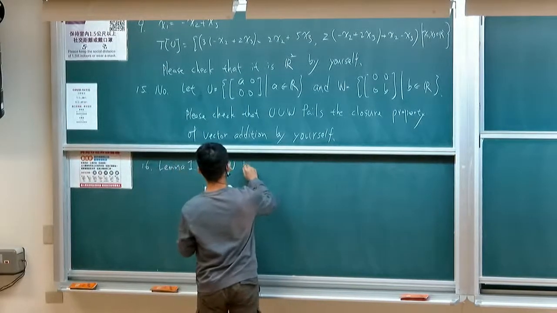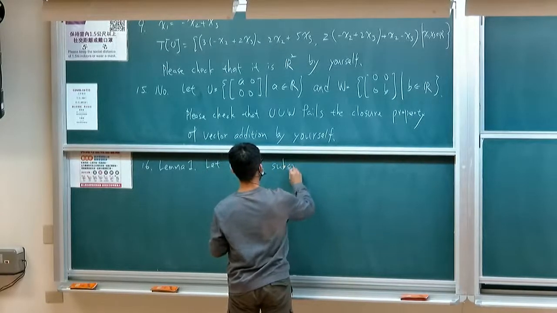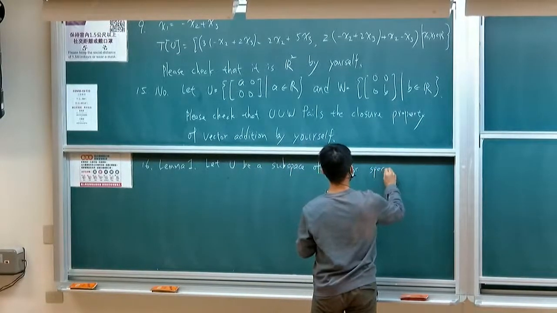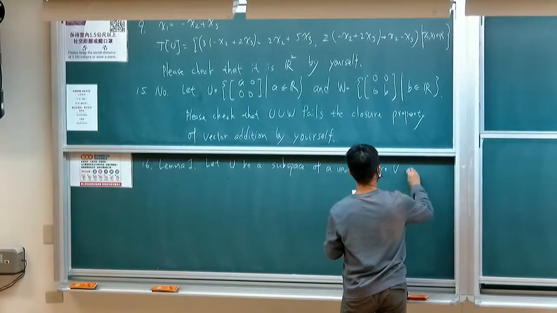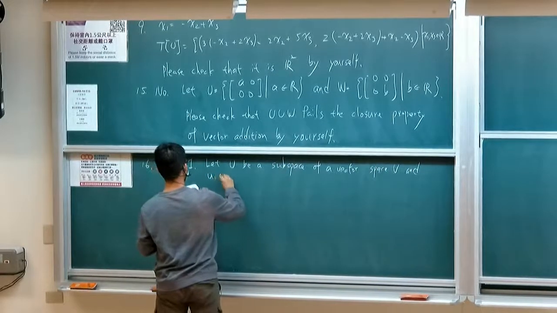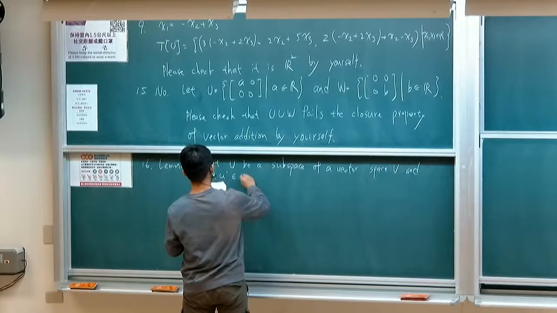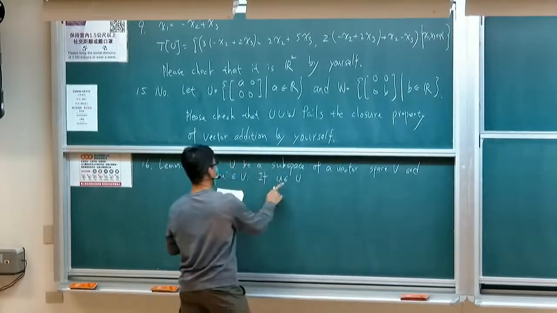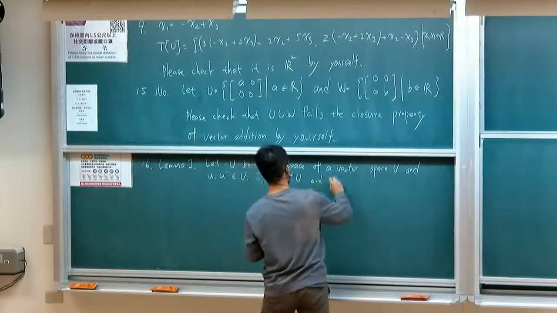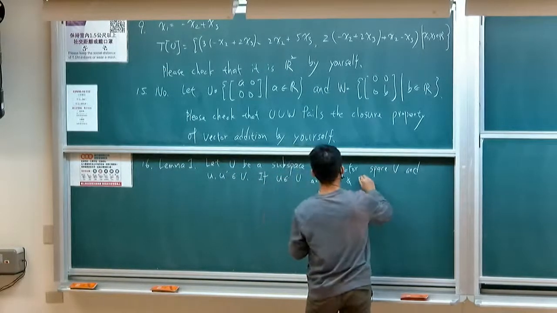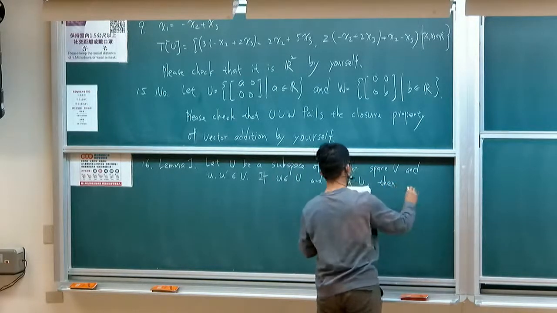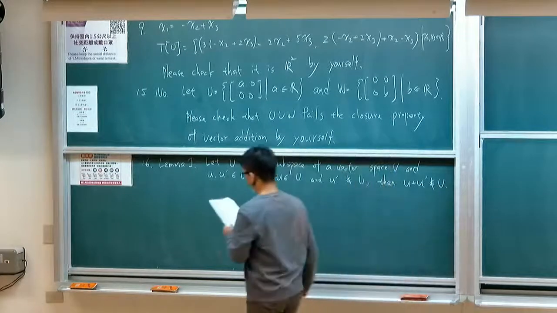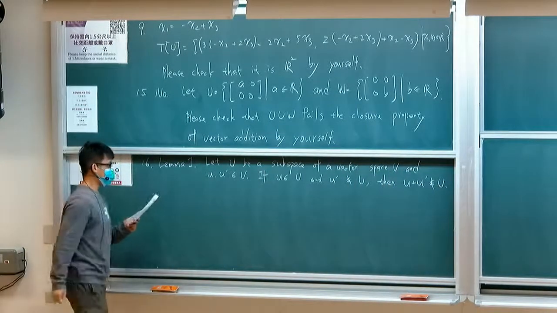Let U be a subspace of a vector space V, and u, u prime are elements of V. If u is an element of capital U, and u prime is not an element of capital U, then u plus u prime is not an element of capital U. The proof of lemma 1 is not difficult, so I will leave that to you.